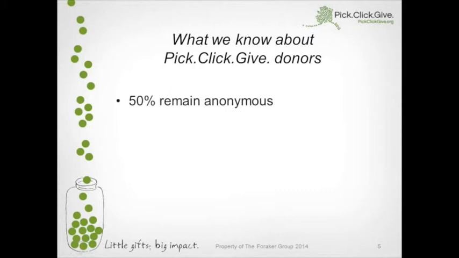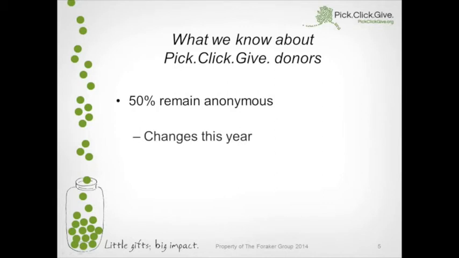As you receive your list, your Excel spreadsheet essentially of your donors, you'll see people by individual name and their contact information, and then you'll have one lump sum and state the number of donors that you have and the total amount of gift. And within that, that is only throughout the state of Alaska for Pick.Click.Give, that's only about 50% of our donors that are releasing their information and letting us know who they are.